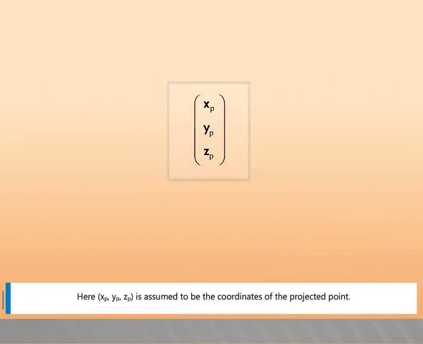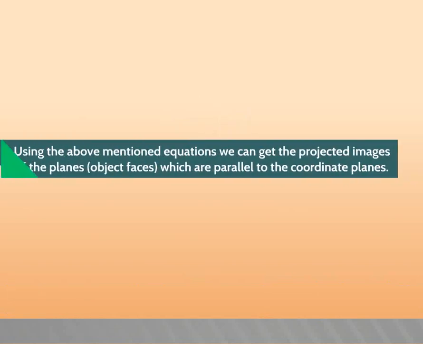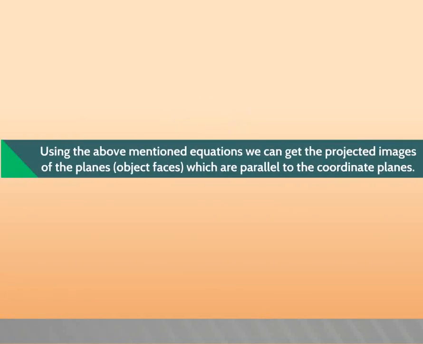Here, xp, yp, zp are assumed to be the coordinates of the projected points. Using the above mentioned equations, we can get the projected images of the planes, that is object faces, which are parallel to the coordinate planes.